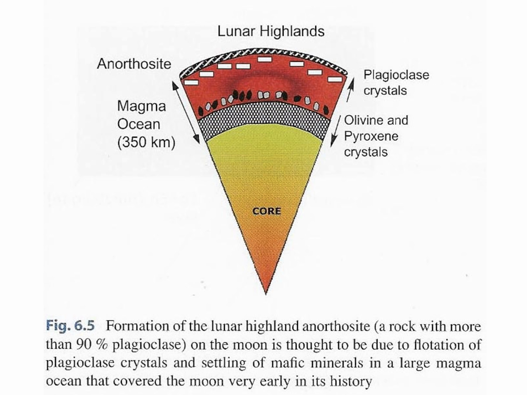Formation of the lunar highland anorthosite rock with more than 90% of plagioclase on the moon is thought to be due to flotation of plagioclase crystals and settling of mafic minerals in a large magma ocean that covered the moon very early in its history.